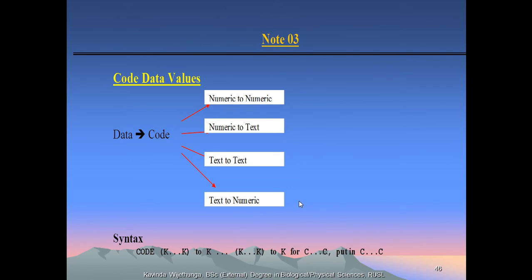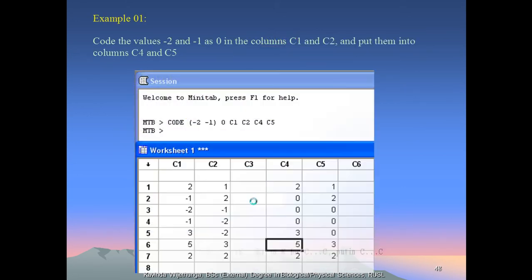Then codes, Data, Code. We can code the data numeric to numeric, numeric to text, text to text, or text to numeric. We'll see an example. We are going to code -2 and -1 to 0 in columns C1 and C2 into columns C4 and C5.